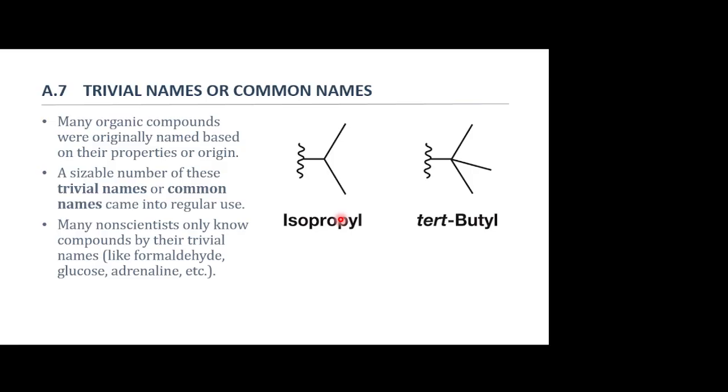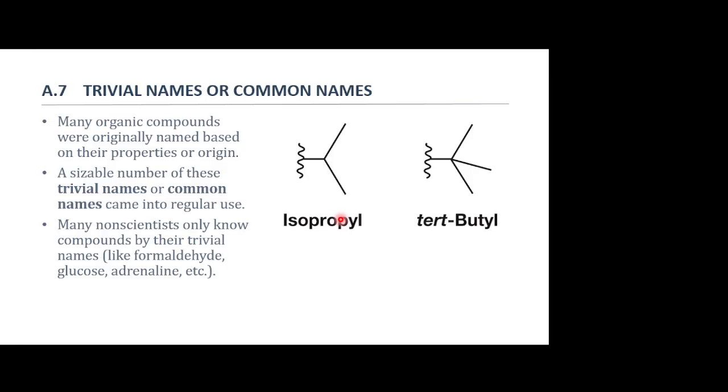Sometimes when I go long enough, I'm like, did that even make sense? Okay. So the propyl is because it's 3 carbons. Iso means it's been restructured, so it's not a straight chain off of it.